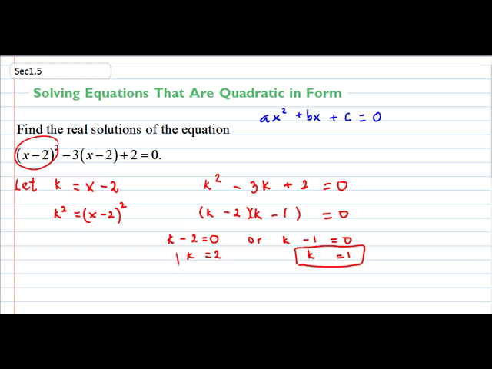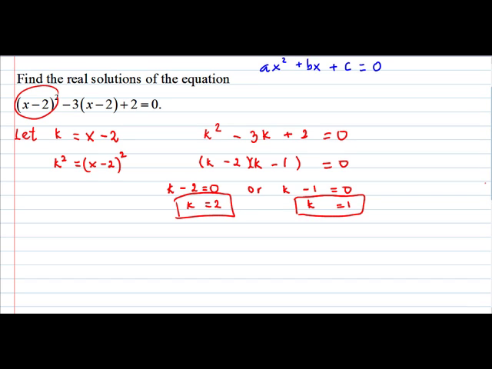Now I'm solving for k, but the question asks us to solve for x. So to solve for x, all you have to do is substitute the k back into your equation. So now if k is equal to 2, and we know that k is also equal to x minus 2, therefore we can conclude that 2 is equal to x minus 2.